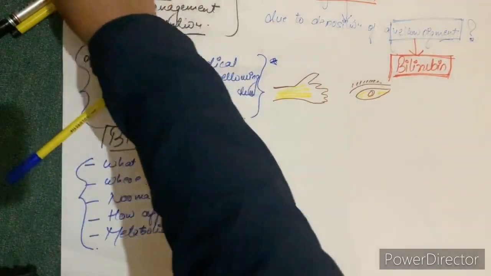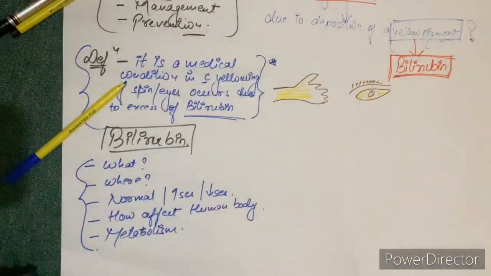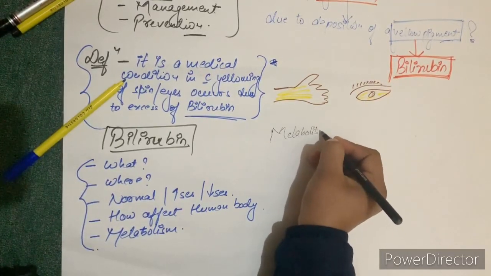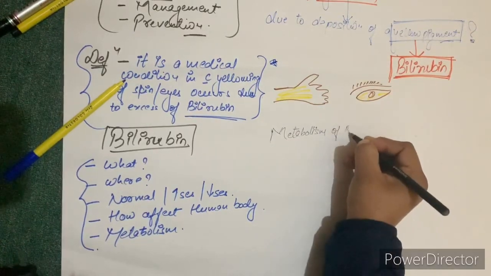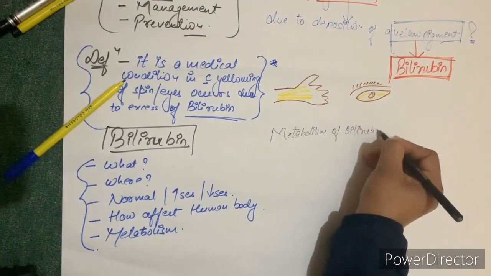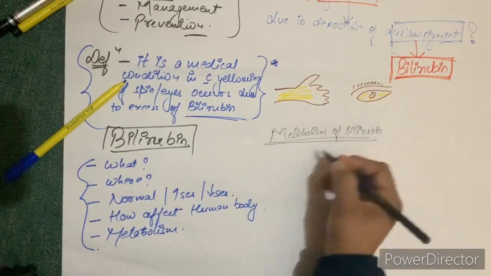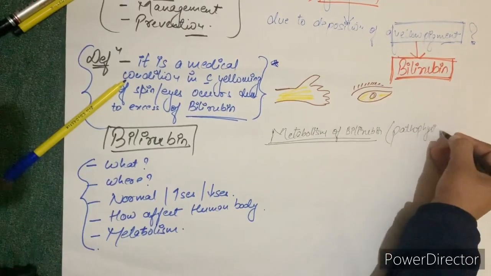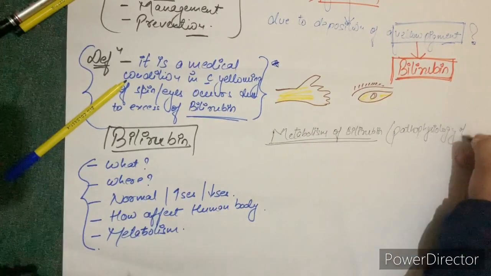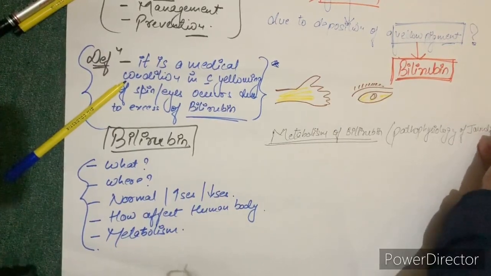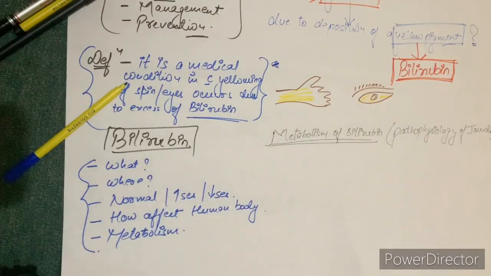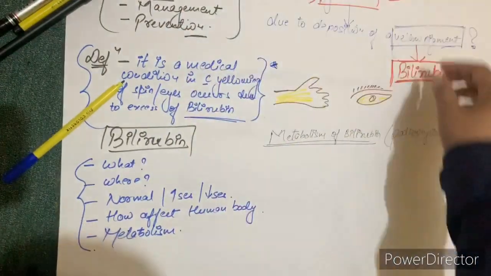Now we discuss the metabolism of bilirubin, or you can say the pathophysiology of jaundice. Before starting the metabolism, first we have to know where this bilirubin comes from.